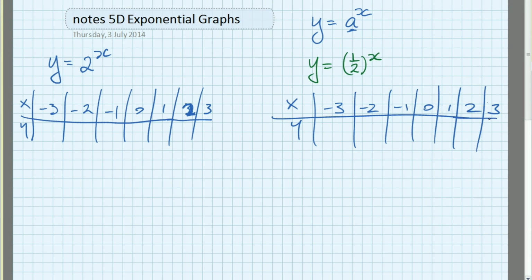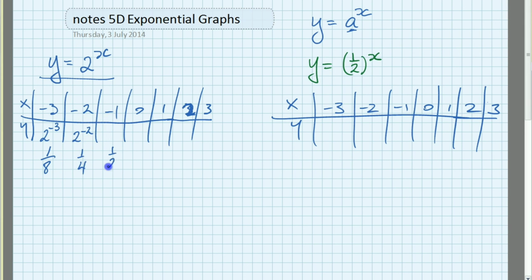So let's have a look at what happens to this graph. When x is -3, we get 2 to the power of -3, which is 1 over 2 cubed, which is an eighth, or 0.125. Here we're going to get 2 to the -2, which is a quarter.